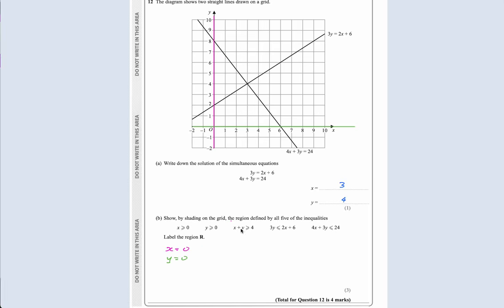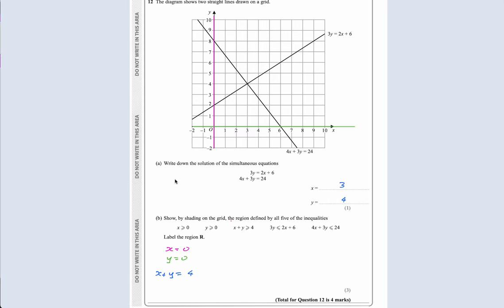And then this line, x plus y equals 4. Let's use blue. Now I'm drawing the equation, the line. The equation will give me the line, and then I'll deal with the inequalities in a second. How do you draw a line when it's written like this?